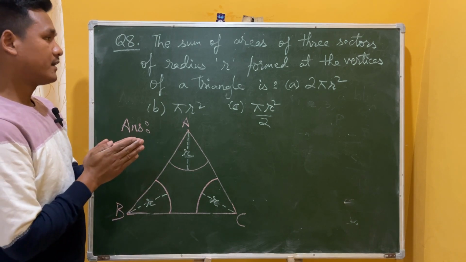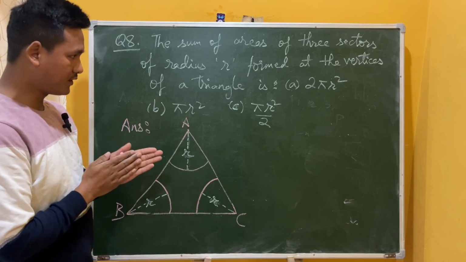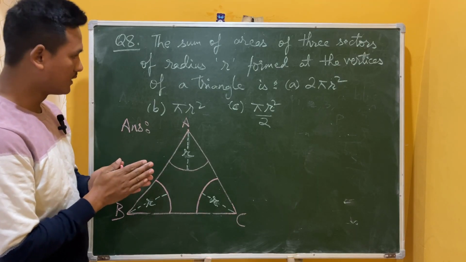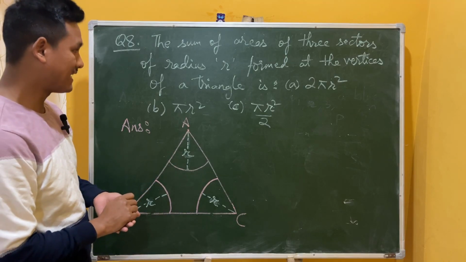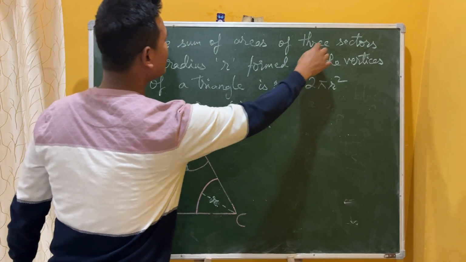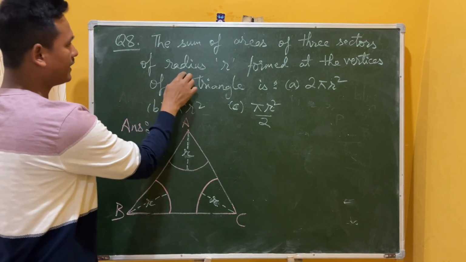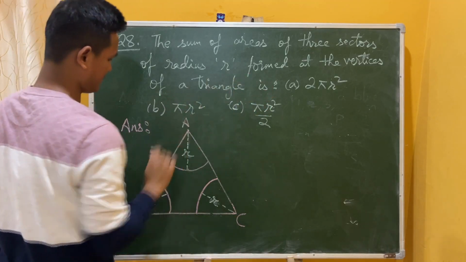So question number 8 is a really different kind of question, but it's in your syllabus and it's not that tough if you understand it. It says the sum of areas of three sectors of radius r formed at the vertices of a triangle is.